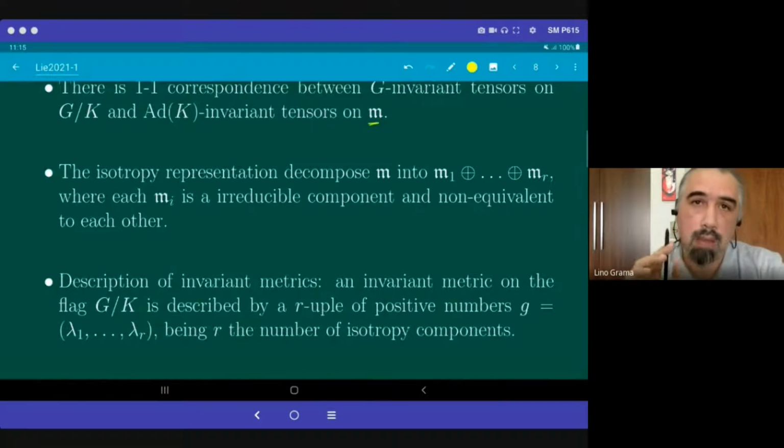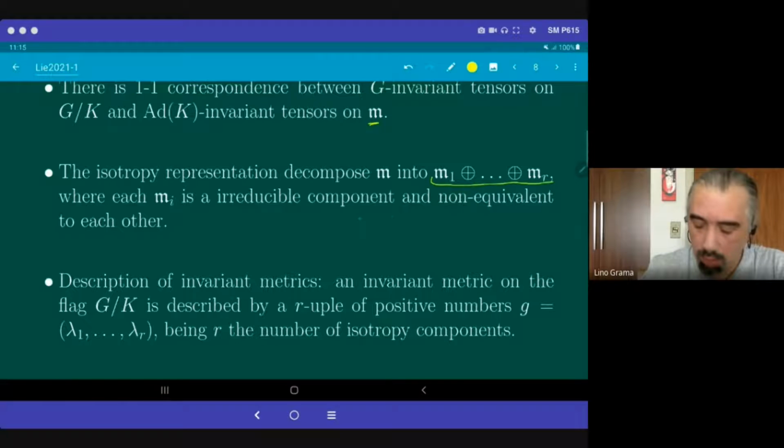In this case of the complex flag manifold, the isotropy representation decomposes into irreducible and non-equivalent pieces. Okay, this will be important.